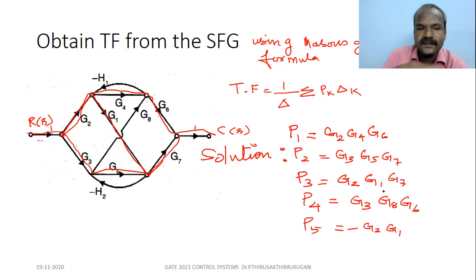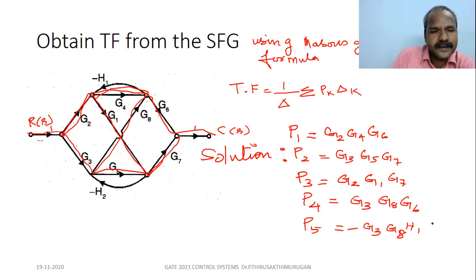From here it starts, passes through this path, minus of H1, then G1, G7.